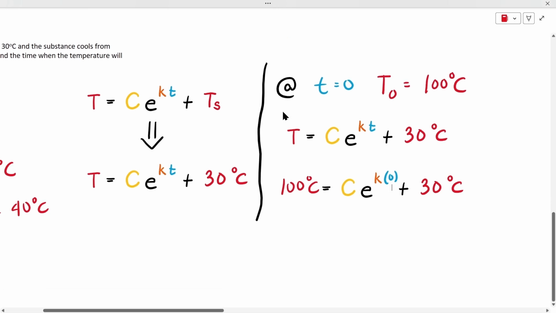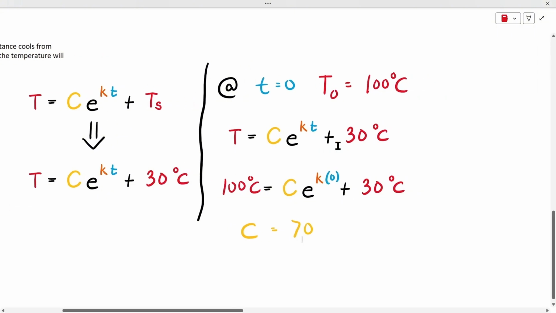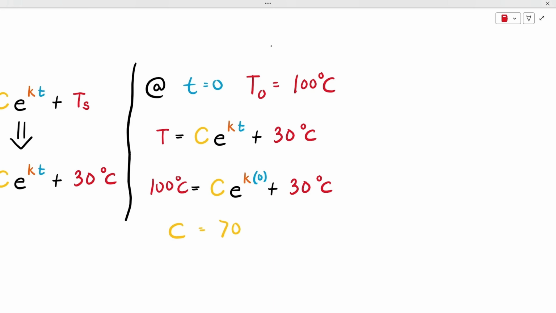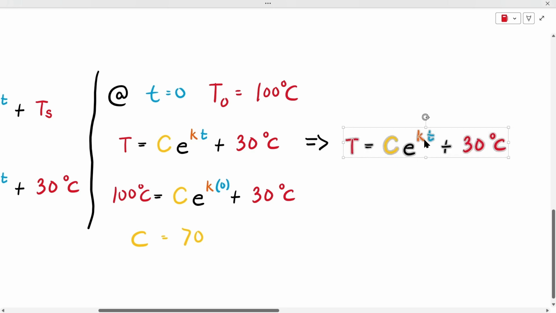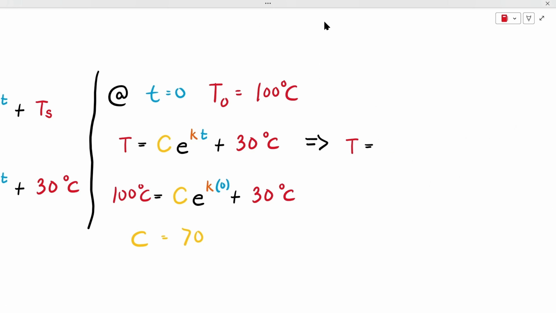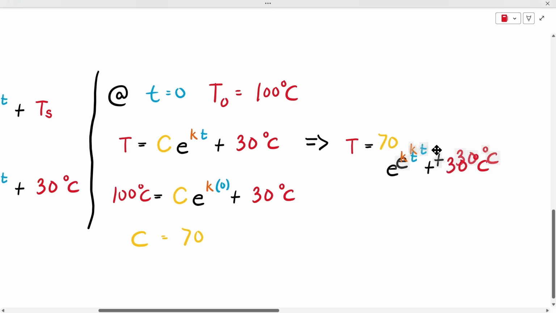If you further evaluate this, it will give us C equals 70, and our new equation here will be as follows.